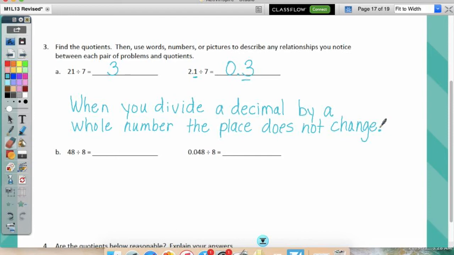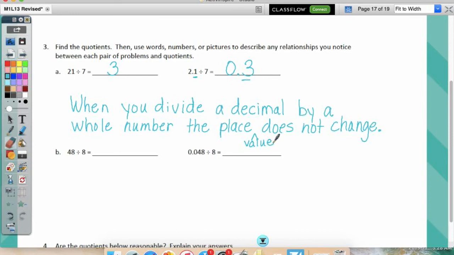I forgot value. There. Place value does not change. I put never change. That does not change. That's fine. Whatever makes sense.